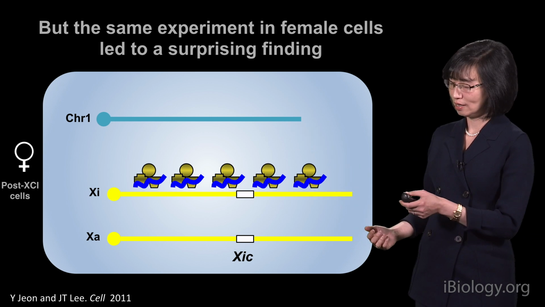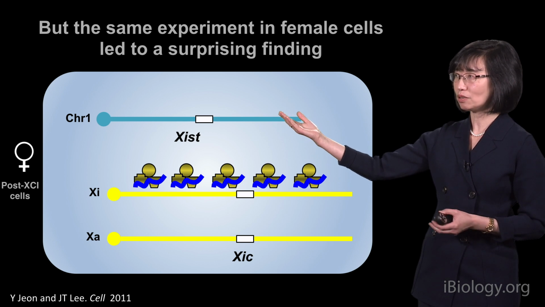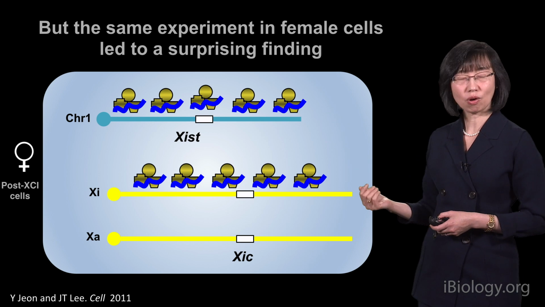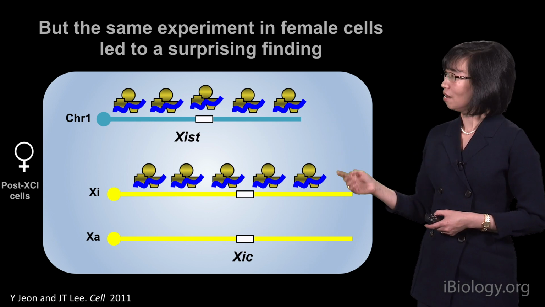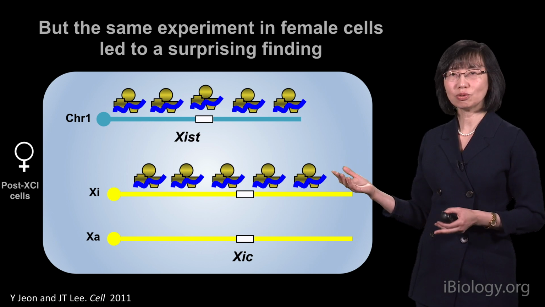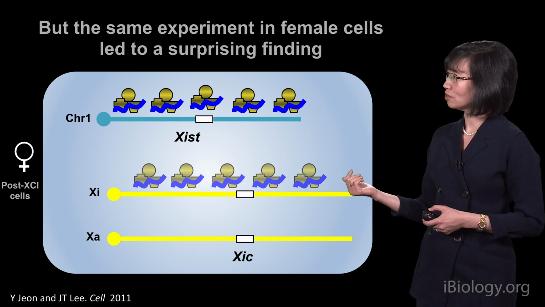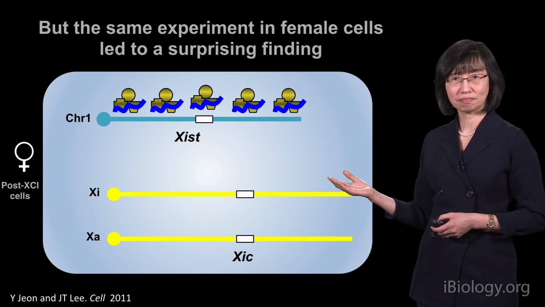We place an inactivation center, or Xist, on an autosome, and we saw, as we expected, that Xist would be upregulated and would coat and silence that chromosome in cis. However, what we didn't anticipate was that within 24 to 48 hours of doing this, Xist RNA started to fade away from the inactive X.